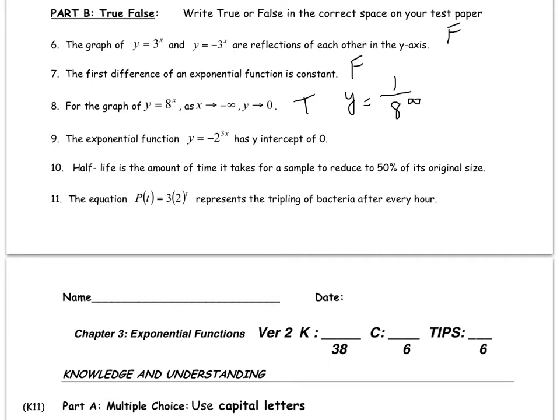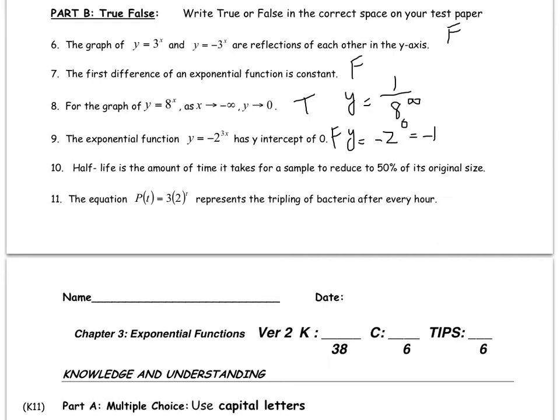Question number 9 says the exponential function y equals negative 2 exponent 3x has y-intercept 0, and the answer is incorrect because for the y-intercept I have to set x equal to 0, so I get y is equal to negative 2 exponent 3 times 0, which is 0, which is going to give you negative 1, so the answer is false.